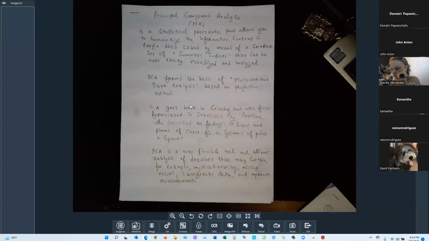We write the new variables, which are called the principal components, in terms of the older variables, all the independent variables, with some weights. We cannot just simply write the linear combination; it has to be written in terms of some weights. Those weights are called the loadings.